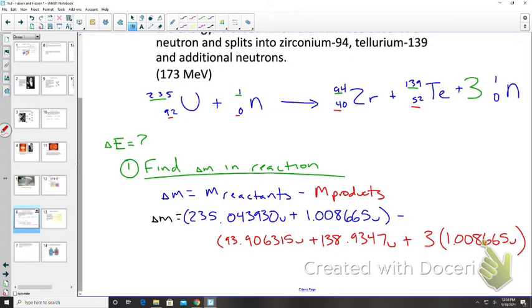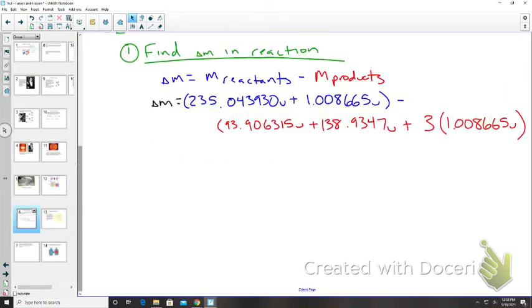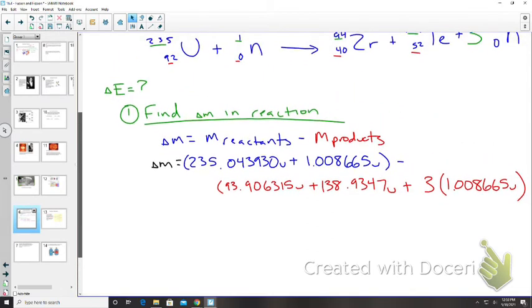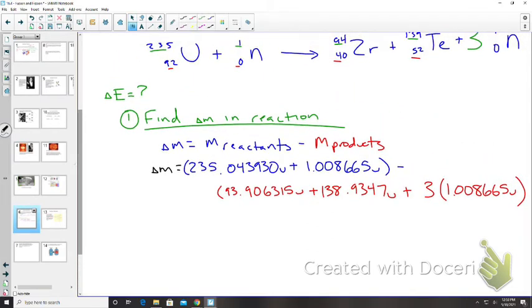Okay, so we put these into our calculator, and we should get a change in mass equal to 0.185585 atomic mass units.